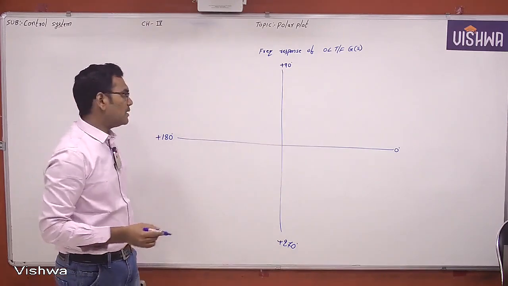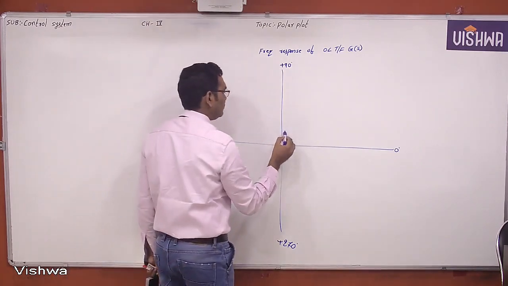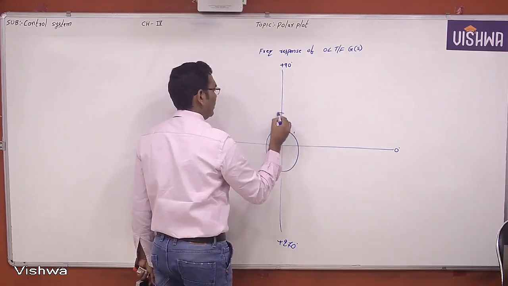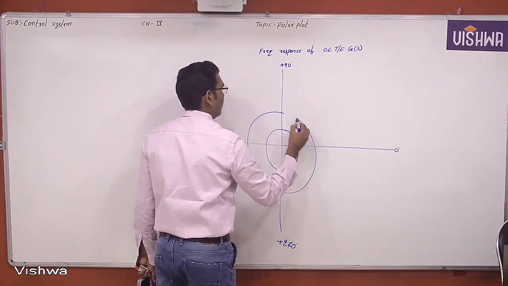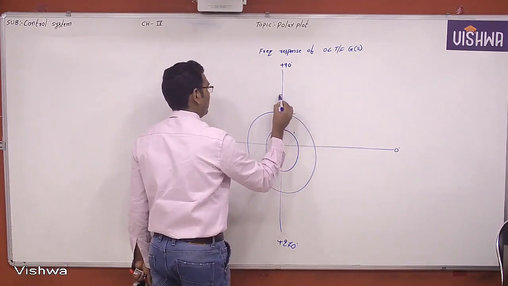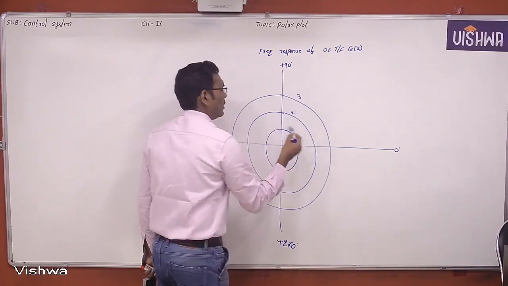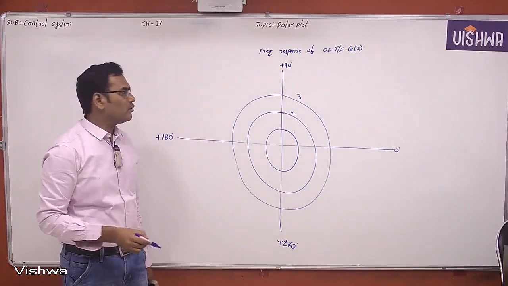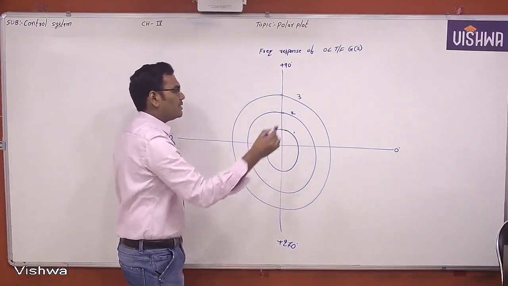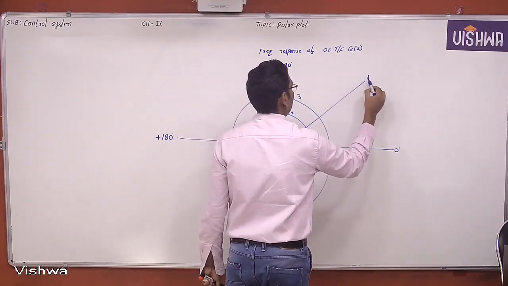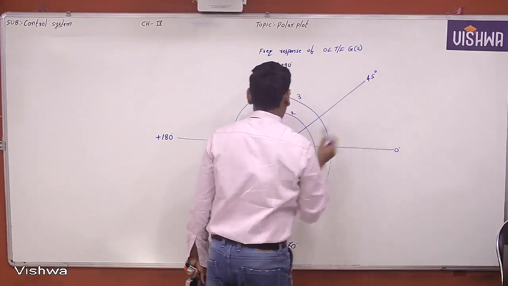These are the lines. This is the magnitude 1 circle, this is the magnitude 2 circle, this is the magnitude 3 circle.